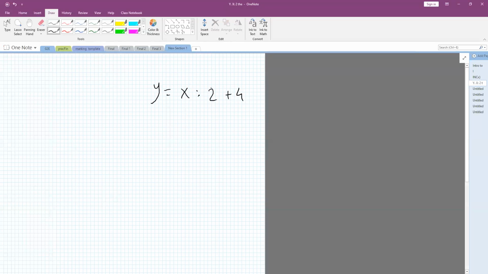Now if I put the bracket around 2 plus 4, this tells you something different. Even though there is a division, x is divided by that bracket, so you add first because there is a bracket. That gives 6, so the rule becomes y equal to x divided by 6.